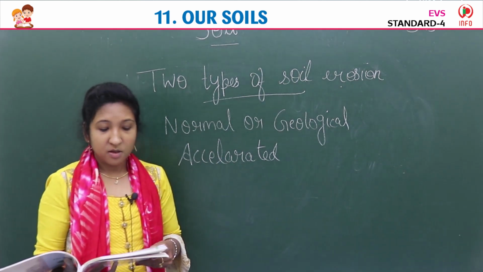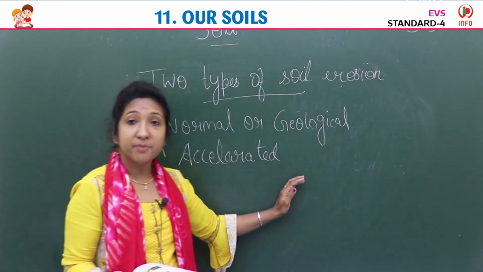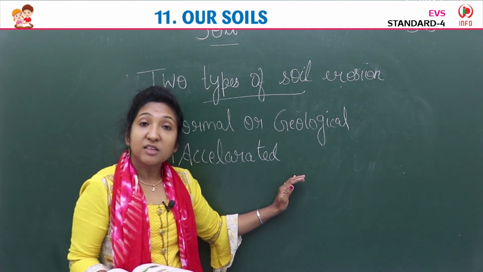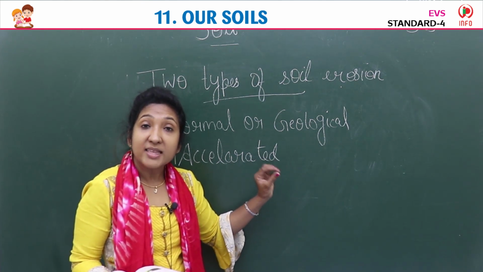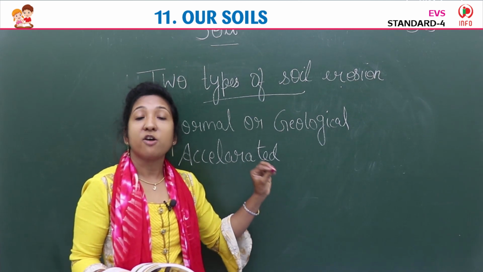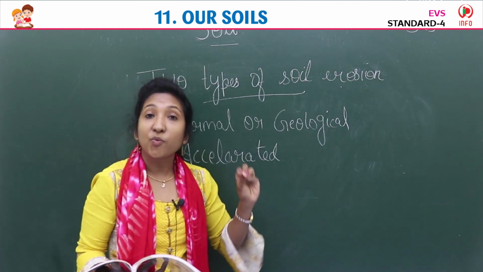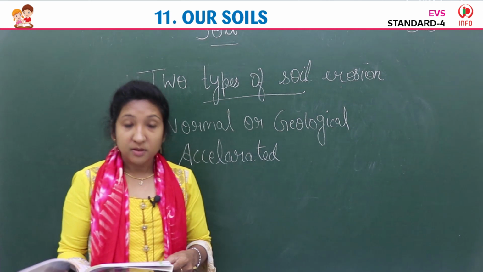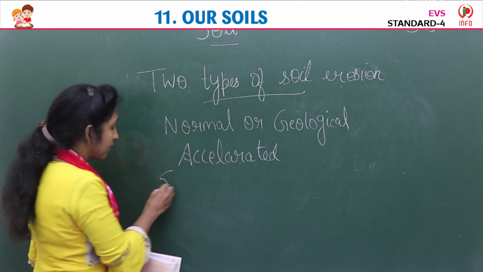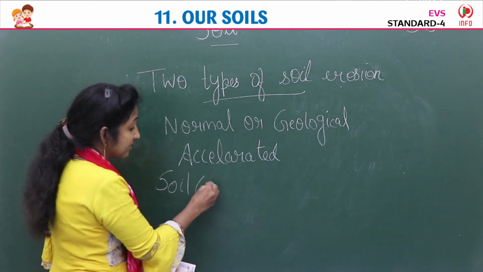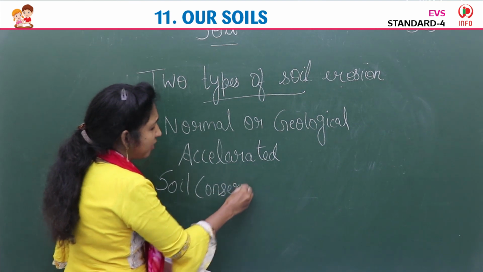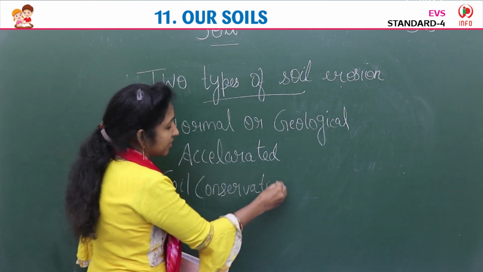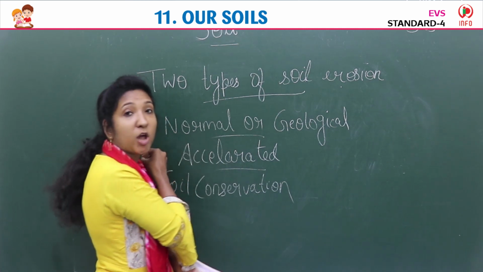So because of these problems, we need to conserve the soil, or we say soil conservation is very important. So we are going to learn about soil conservation, how we can protect the soil from this erosion, from these problems.